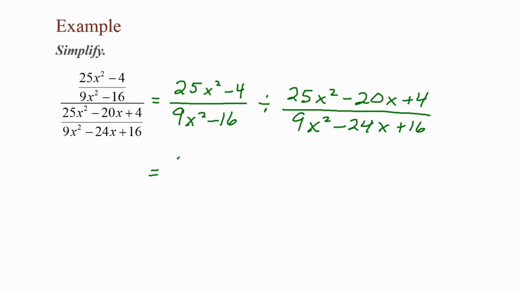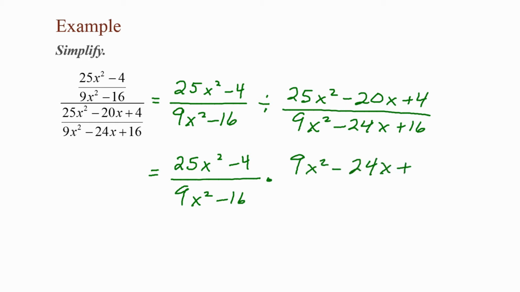That gives us 25x squared minus 4 over 9x squared minus 16 times 9x squared minus 24x plus 16 over 25x squared minus 20x plus 4.